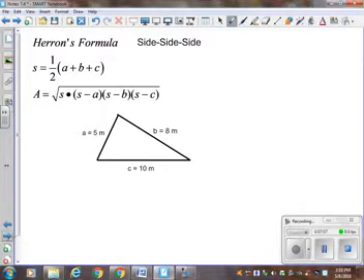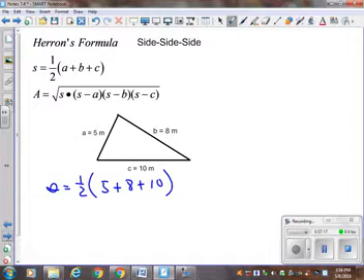So first you have to calculate S, and S is 1/2 times the sum of the sides, so 5 plus 8 plus 10. That's 13 plus 10 is 23. 23 divided by 2 is going to be 11.5 meters. Then we're going to fill that in our problem.